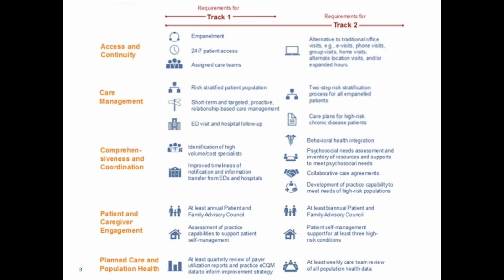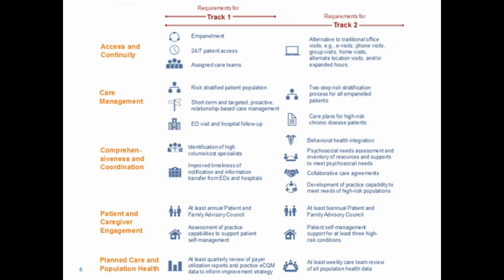And this is taken directly from a presentation by CMS. So just to give you a little bit more detail, I know it's a little bit fuzzy. It really is just a copy of something that they put together, to give you the Track 1 and Track 2 and explain that Track 2 includes the same elements of Track 1, but it goes beyond Track 1. As far as access and continuity and care management, those are the 5 things that we just talked about.